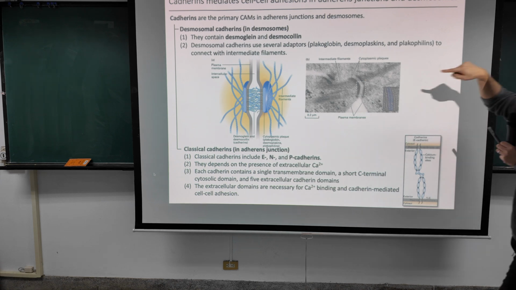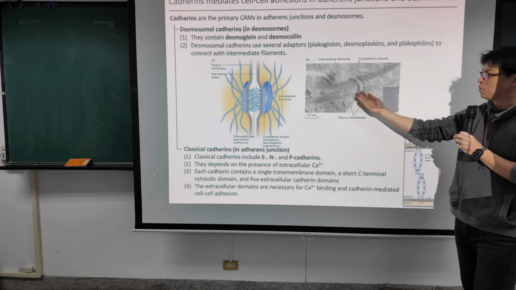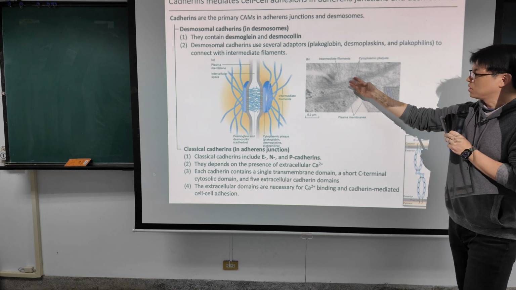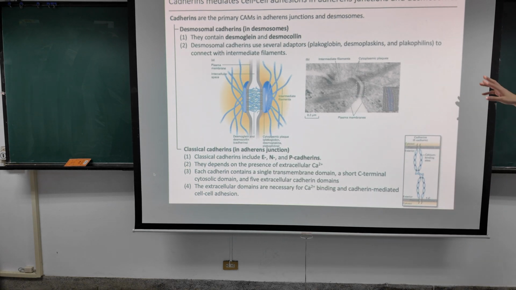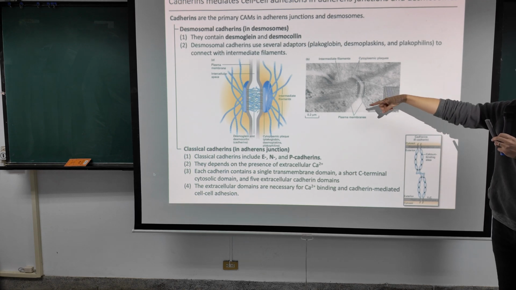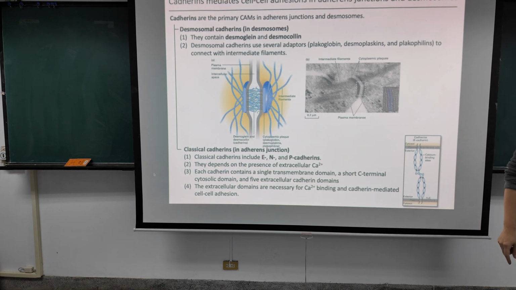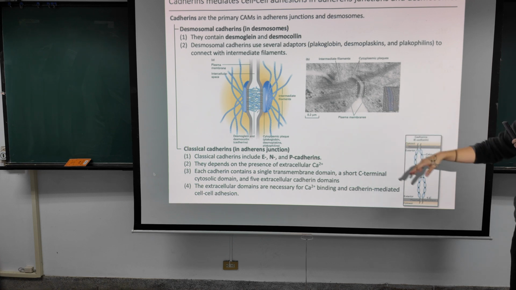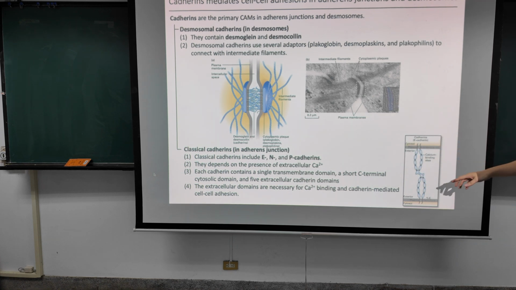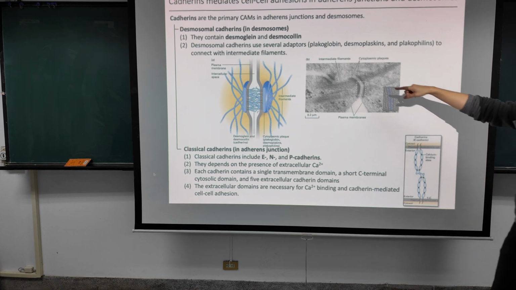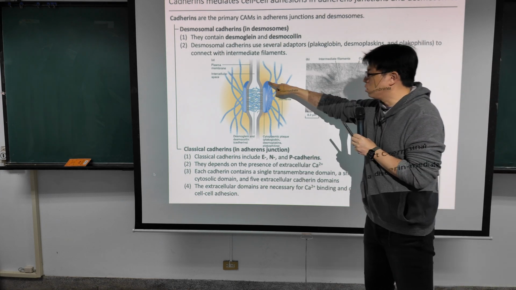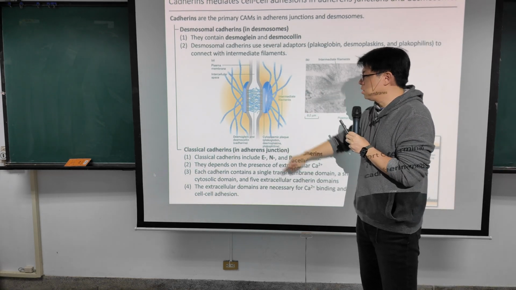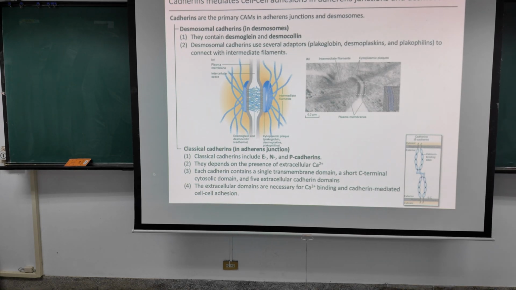The electron beam cannot penetrate that site, which is why they show a shadow or dark area. But those plaques only happen in the desmosome, not in the adherens junction. The adherens junction doesn't have such a dark cytosolic plaque. Of course they have some proteins, I will show you later, but not such a highly dense protein plaque.